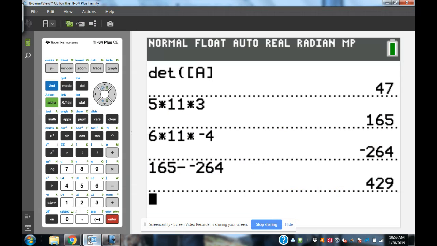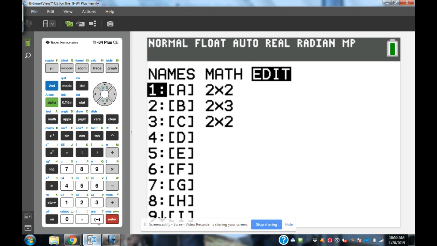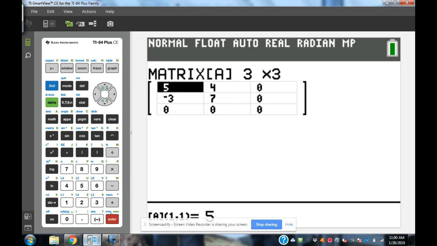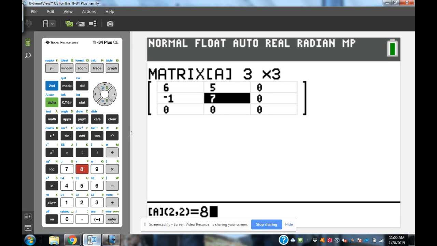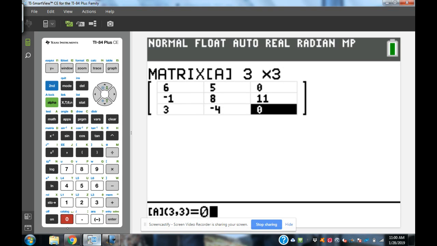So I would go to the calculator and hit matrix, go to edit, and I'm just going to put it in matrix A, 3x3, and just put the original in there, which was 6, 5, 0, -1, 8, 11, 3, negative 4, 0.